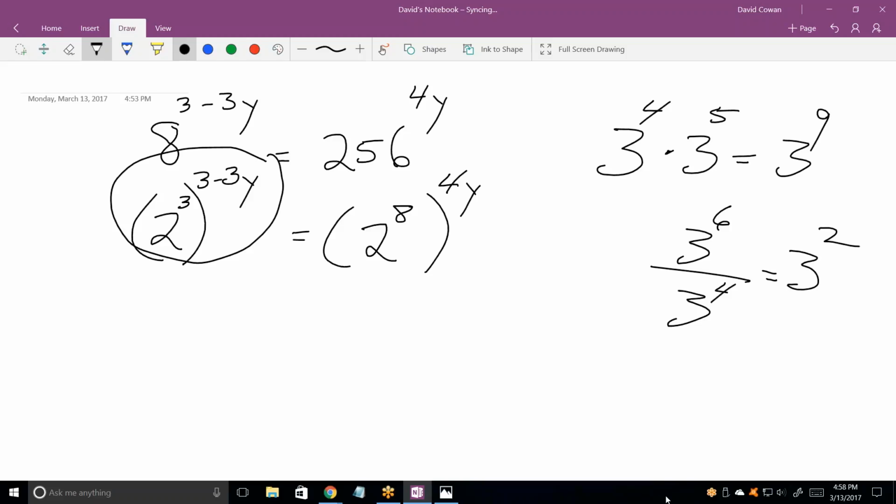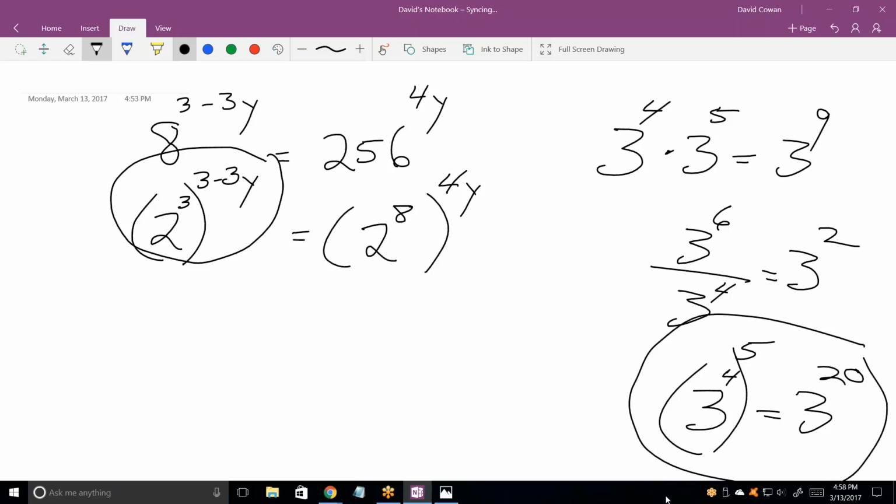And if I have what I commonly refer to as double exponentiation, well, one level less is multiplication, so that becomes 3 to the 20th. This is probably the most important one to know. That's the one you have to use more frequently than any of them.